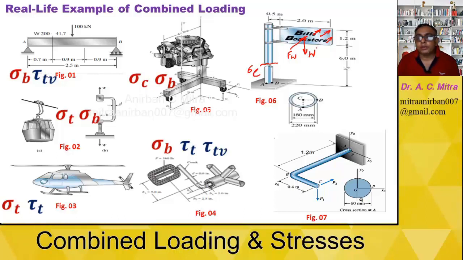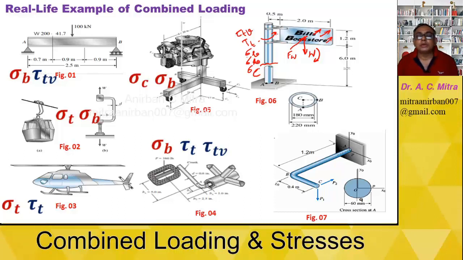Due to this W again, some moment is applied in this direction, so we are getting bending stresses here. Due to this FB also, we are getting some bending stresses. Then due to this FW, some torque is applied along this axis, so we are getting some torque also. And for FW, some transverse shear stress is also applied.